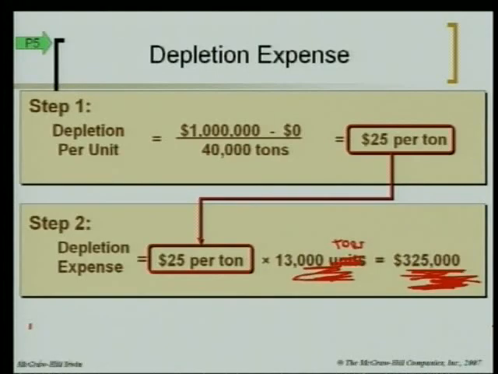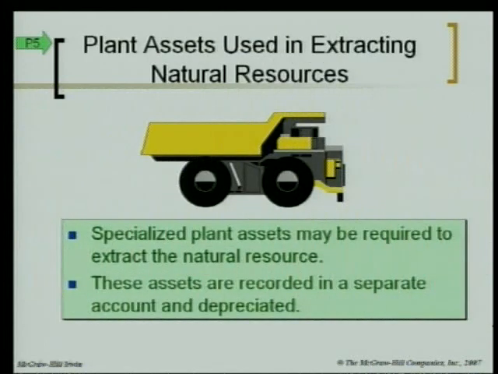That's what that entry would look like. And of course, there might be plant assets that we have to use to extract these natural resources, and we will depreciate those. Those aren't natural resources themselves. Those are still fixed assets.